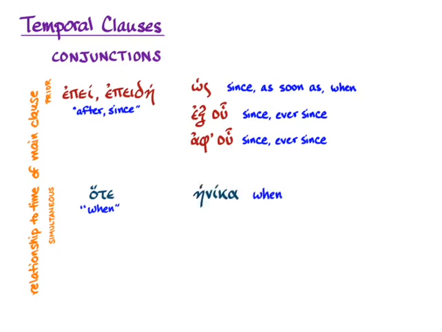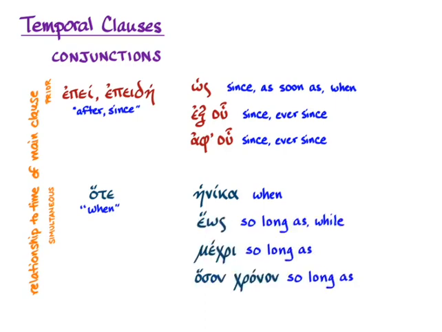And for simultaneous action, you'll see henika, heōs, mechri, hoson chronon, and en hōi. Now, this is not an exhaustive list, but these are ones that you might run into. And these rules for translating temporal clauses should work the same way, especially since you can add an to any of those to do the subjunctive kind of temporal clauses.